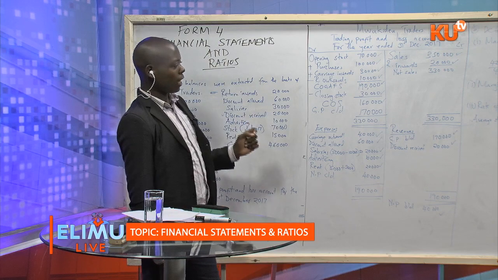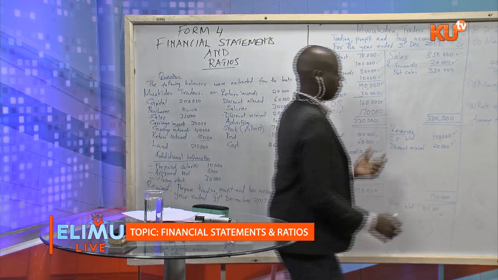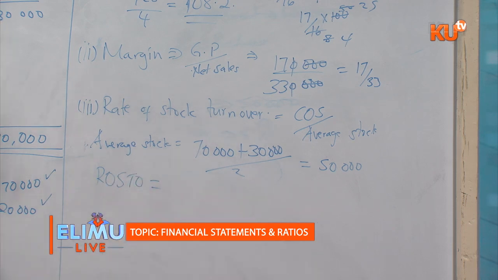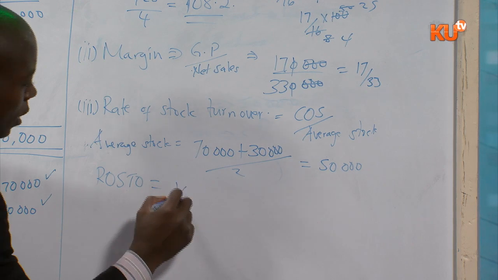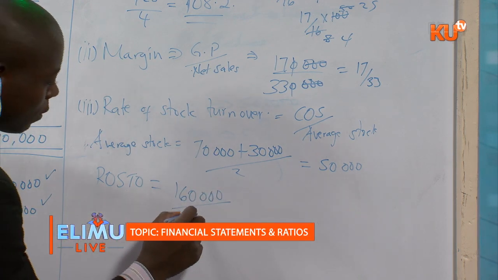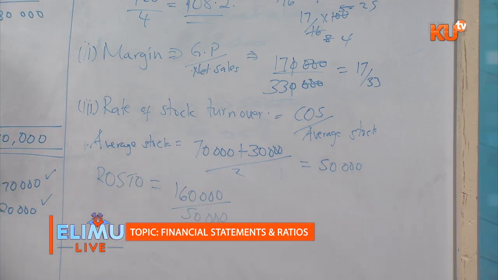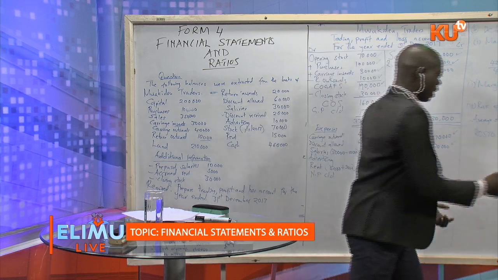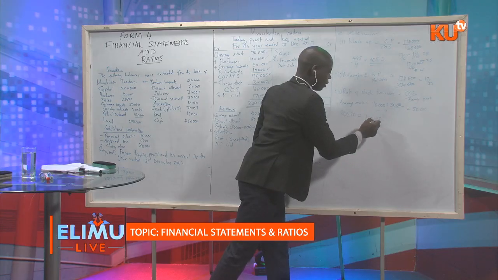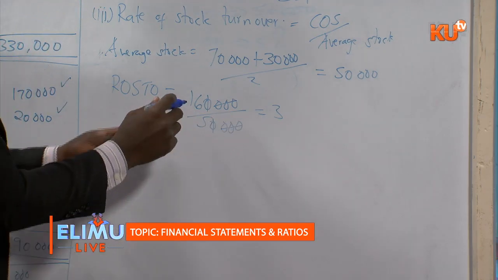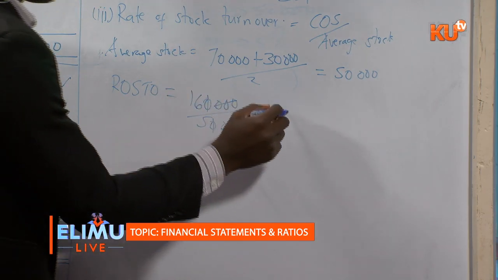So we now calculate, based on this cost of sale, our rate of stock turnover. It will be equal to our figure for the cost of sale, which is 160,000. We divide by the average stock, which is 50,000. We cancel this, and that gives 3.2.